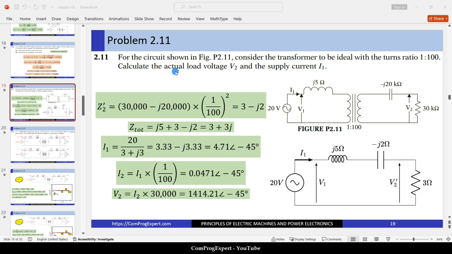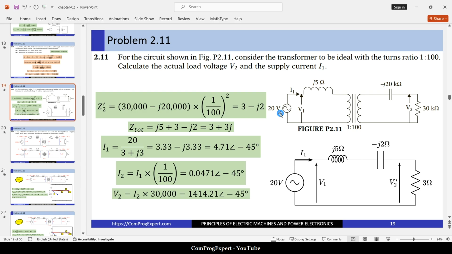Calculate the actual load voltage V2 and the supply current I1. So here is the circuit of problem 11. We should calculate V2, the voltage of this resistance, and also I1, the current of the supply.